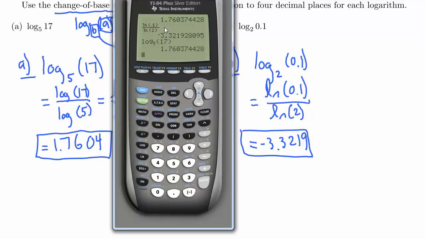And really all this is doing is using the ratio of log 17 over log 5, or natural log of 17 over natural log of 5, I'm not sure which. But notice that it does give you 1.7604. And then again, we can type in log base 2 of 0.1. And that also gives you negative 3.3219.